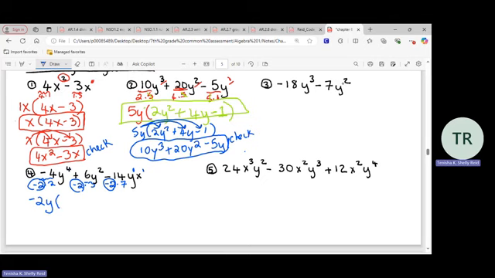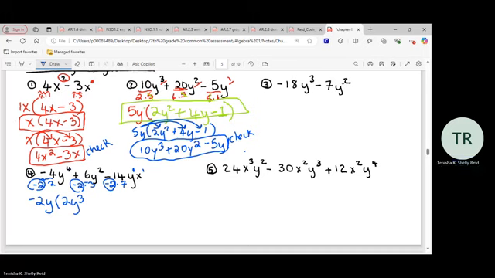Factor out negative 2y. Now what's left? Numbers first. Negative 4 divided by negative 2 is going to give me positive 2. y^4 divided by y^1, I took one y out, subtract when we divide, will give me y^3.